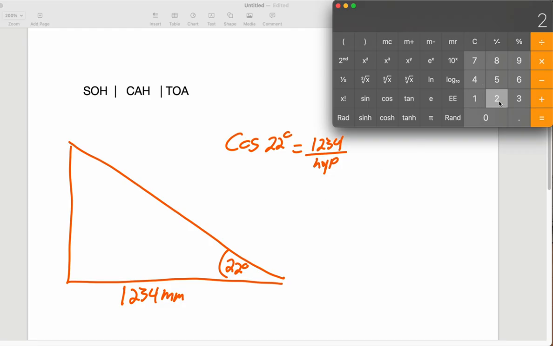So let's try 22 cos divided by 1, 2, 3, 4. Okay, that's the wrong way. So we're going to go like this. Sometimes I just need to remind myself this is going to come down. The hypotenuse is going to switch and go up. So we're going to go 1, 2, 3, 4 divided by 22 cos equals, and there you go.